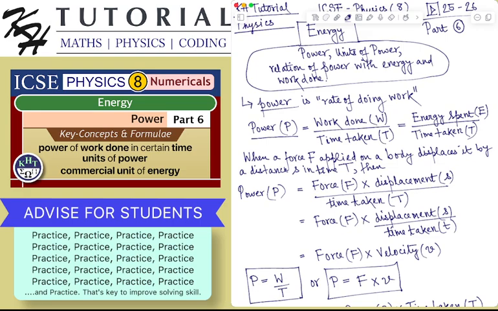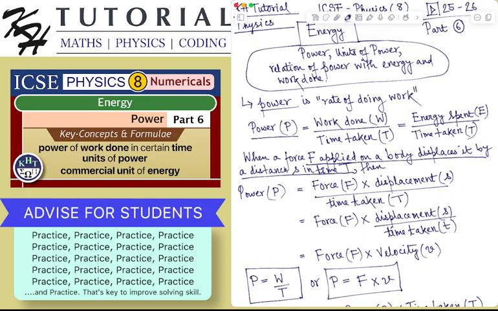Now we know that work is done when a force is applied on a body and the body is displaced by a distance s in the direction of the force. So let's say a force applied on a body displaces it by a distance s in time capital T, then what will be the power?